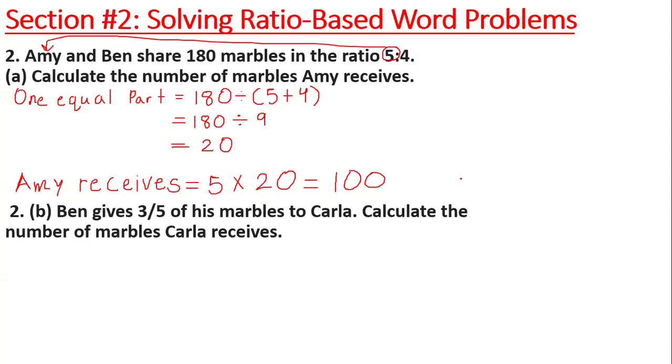Now the next question. Ben gives 3/5 of his marbles to Carla. Calculate the number of marbles Carla receives.